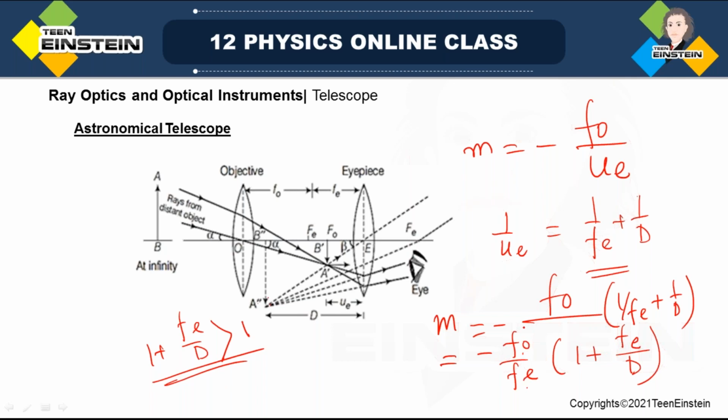This f naught is the focal length of the objective, and fe is the focal length of the eyepiece. And d, we know, is the distance of distinct vision. So these terms are already known to you, nothing like ue and all. If they give some information and ask to find out the other things, you can find out using this formula.